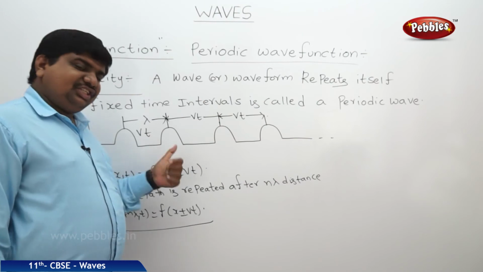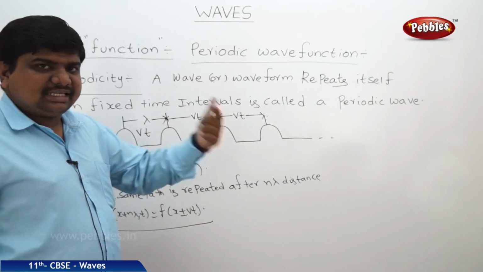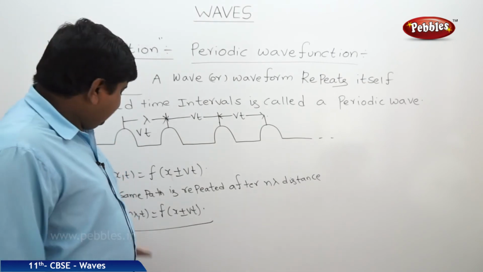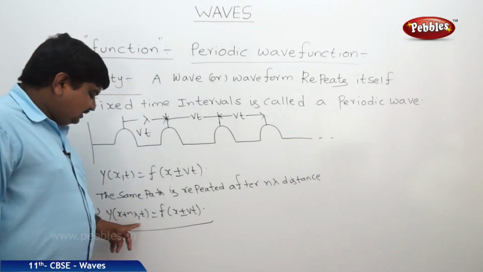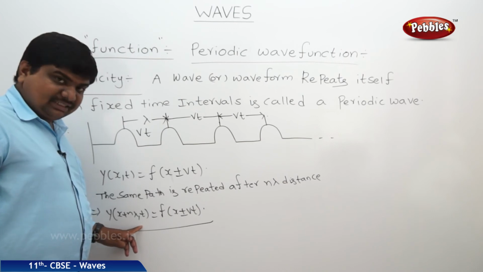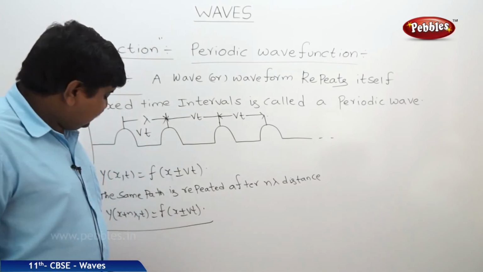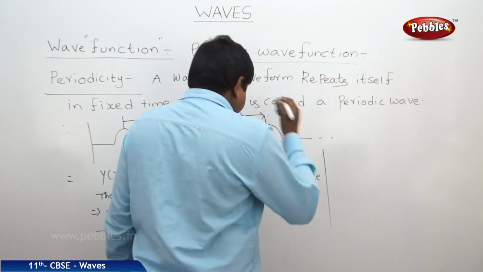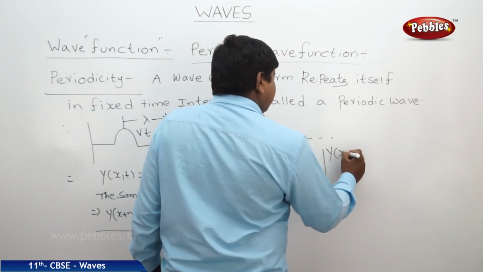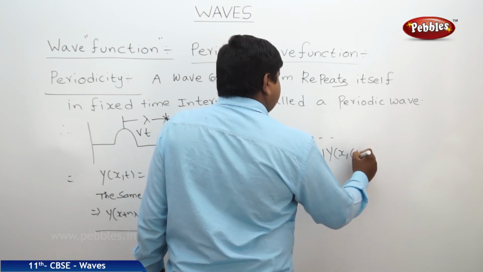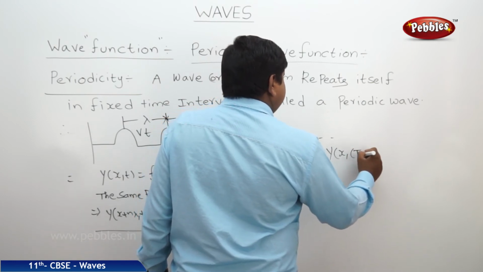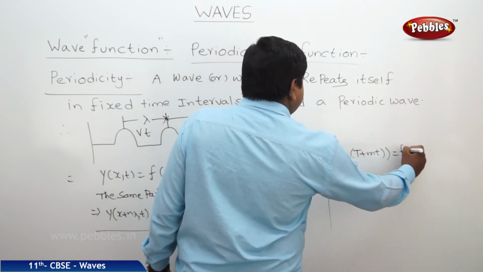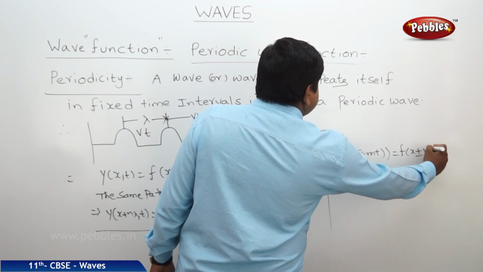Suppose the distance is changed to n lambda plus n lambda plus n lambda, what about the time? Time also keeps on changing. So here we have mentioned the change in distance with the periodic function, and in the next case we should write the change in the periodic function with time. So it is written like this: y of x comma t plus mt is equal to f of x plus or minus vt.